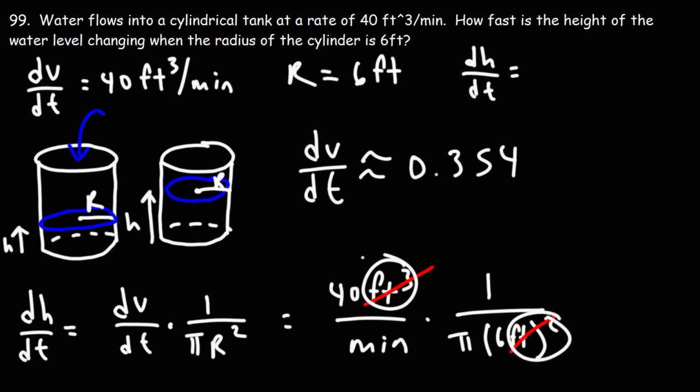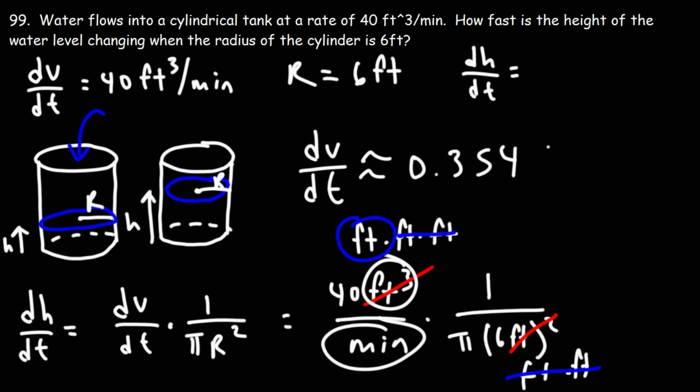Two of them will cancel, leaving 1 behind. So if you want to visually see it, this is feet times feet times feet, and here this is just feet times feet. These 2 will cancel, we have 1 left over. And we have minutes on the bottom, so it's going to be feet per minute.